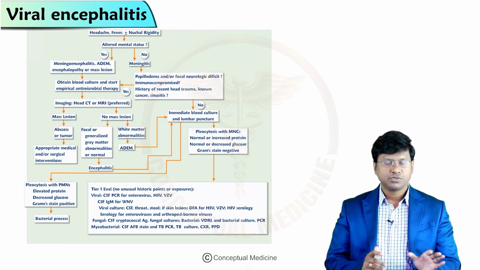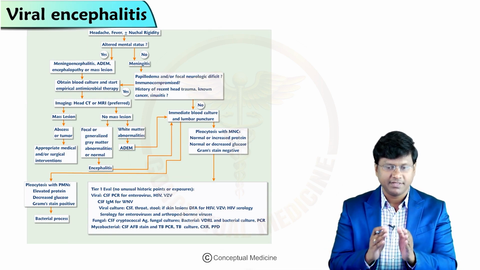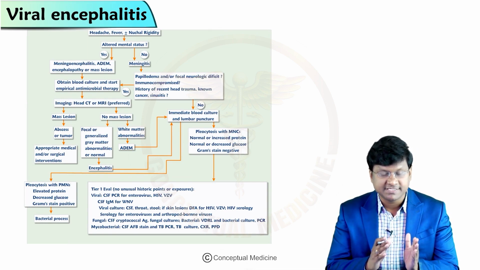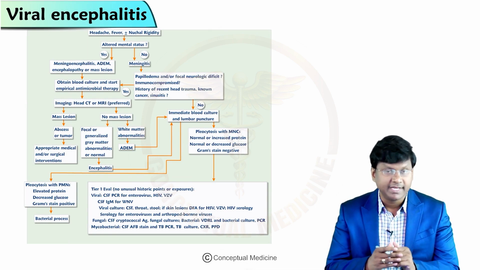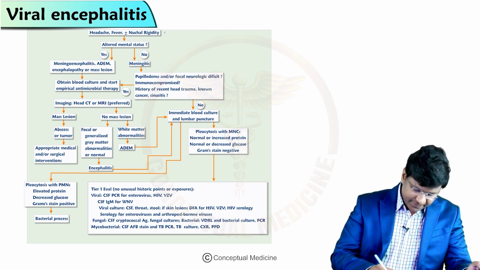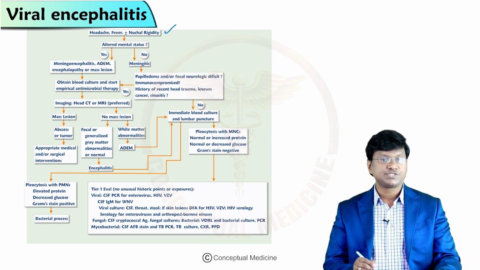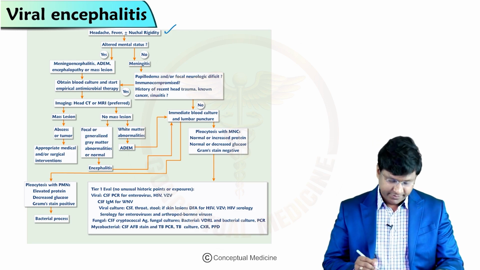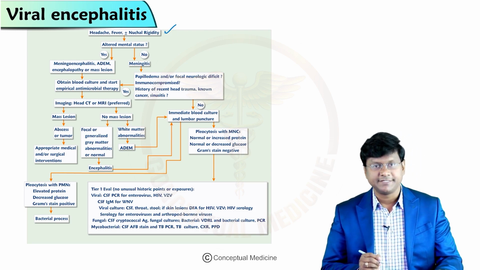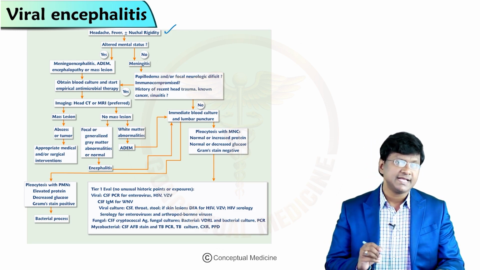encephalitis, a very important thing is to differentiate whether the individual is having meningitis or encephalitis. See, the patient presents to you with a history of headache, fever, with or without nuchal rigidity, and the individual is having altered mental status.